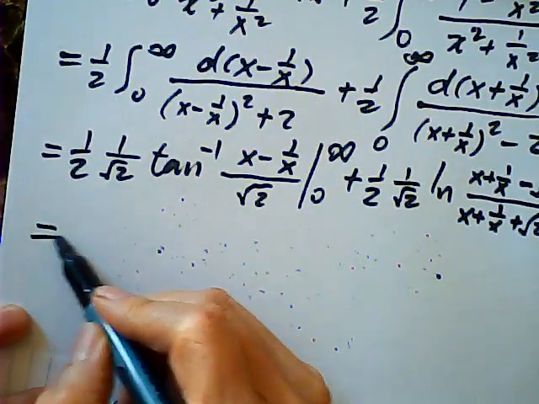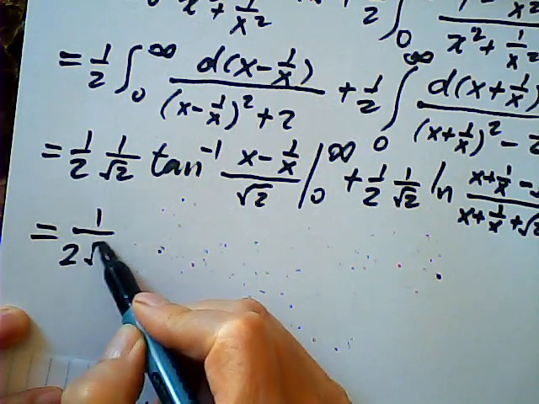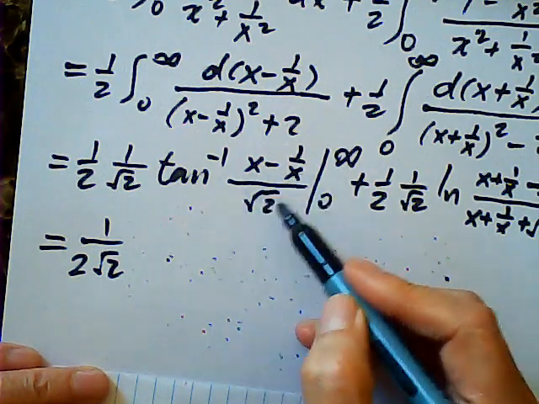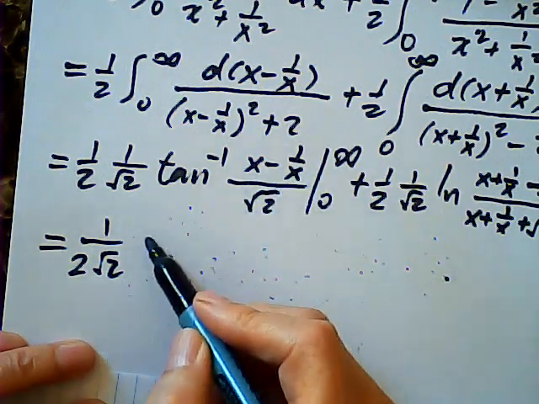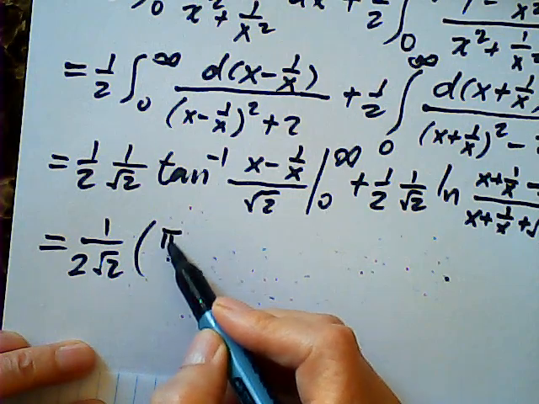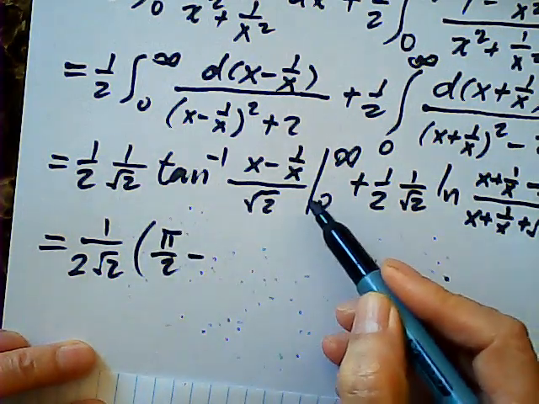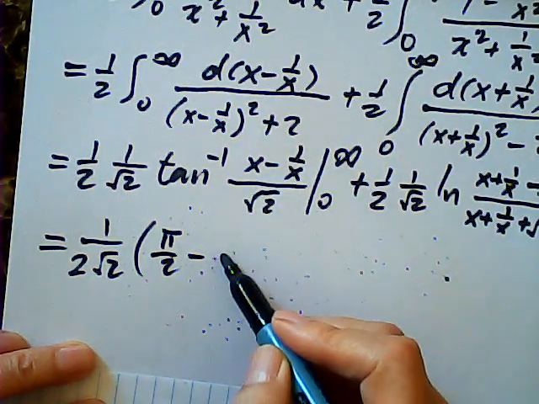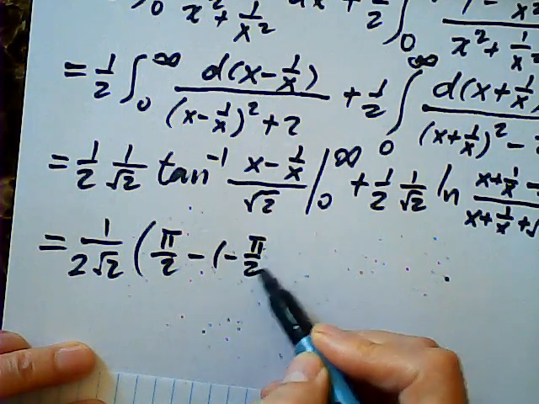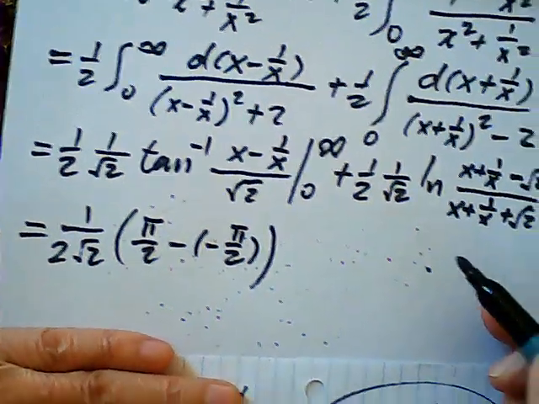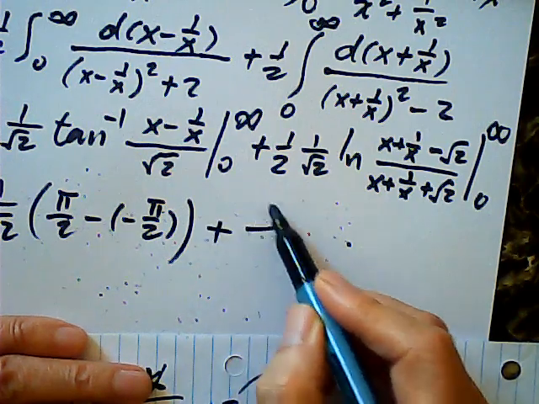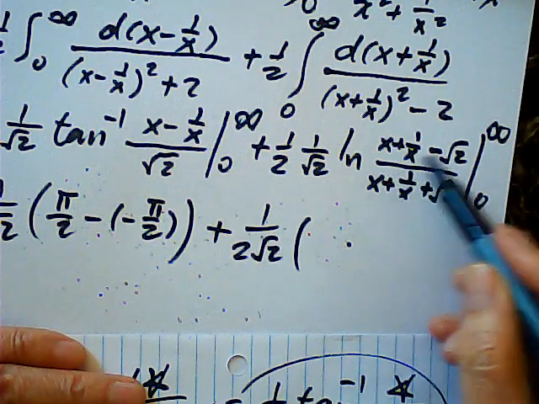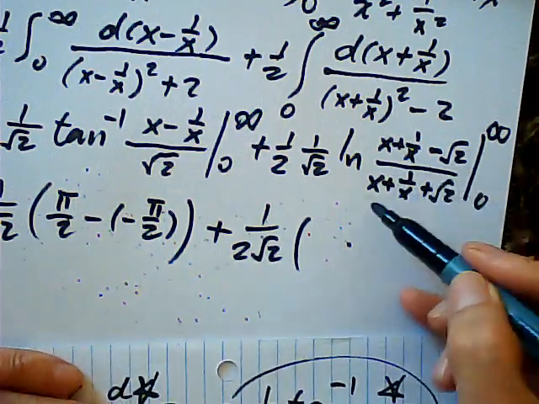Okay, so this one is equal to 2 root 2. Plug this one in here, this will be infinity, therefore it's equal to half pi, minus, this will be negative infinity, therefore it's negative half pi. For that one, this is easy, you just take the limit, right?